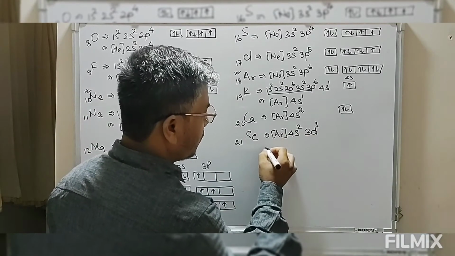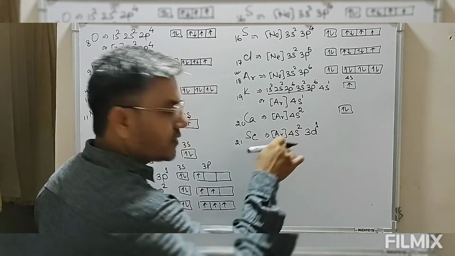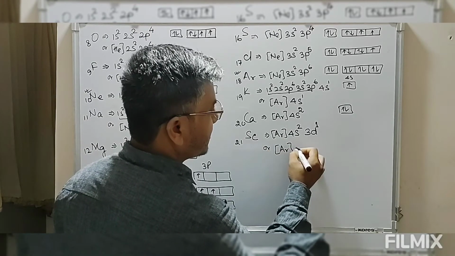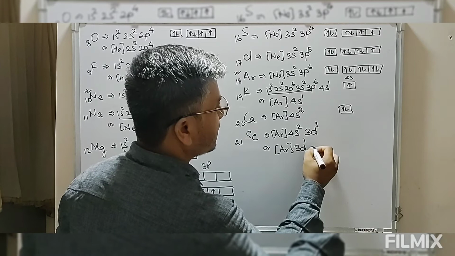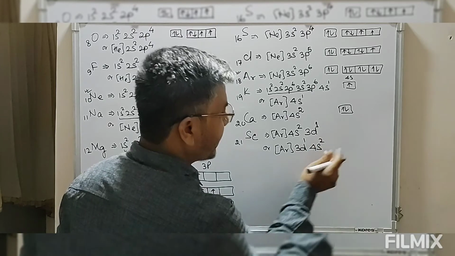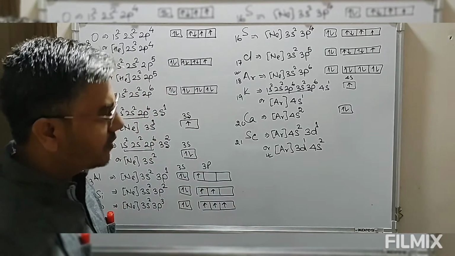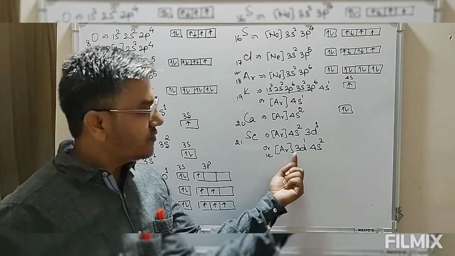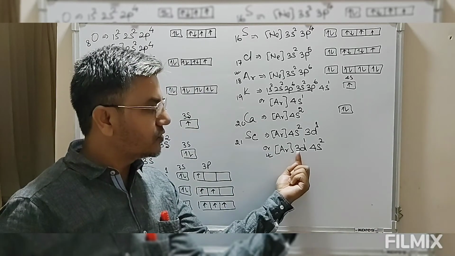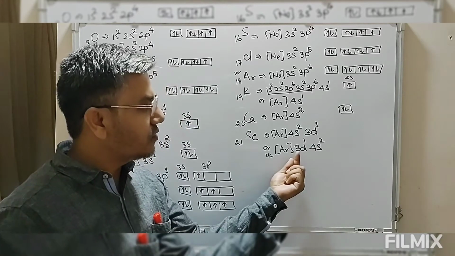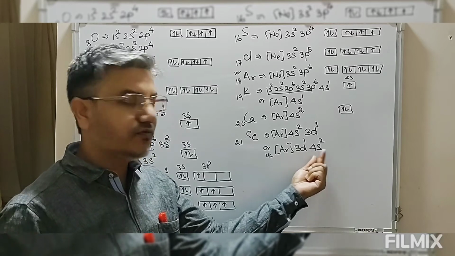Now in terms of the shell, we can write it this way. Both are correct: argon followed by 3d1, 4s2. The reason is that we are writing in terms of increasing shell, so the third shell comes before the fourth. So we can also write 3d1 first, followed by 4s2.